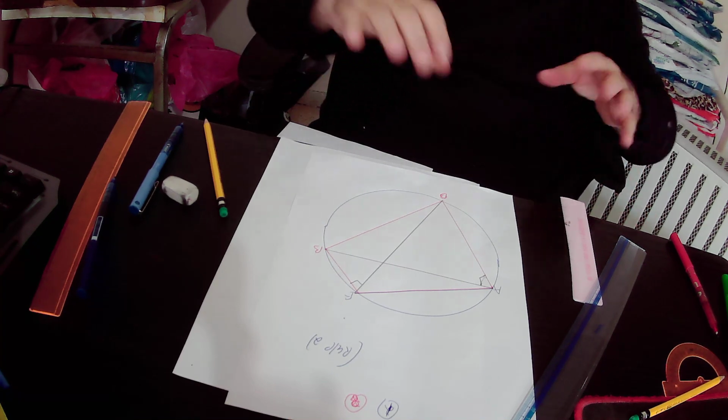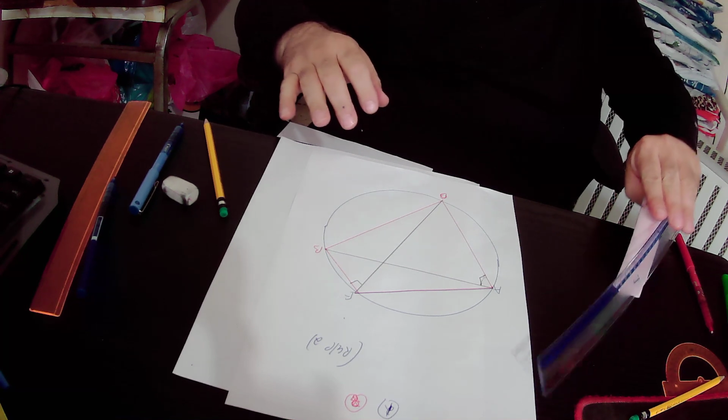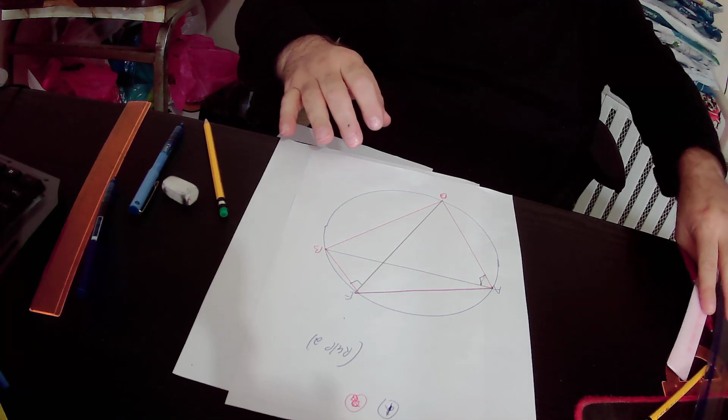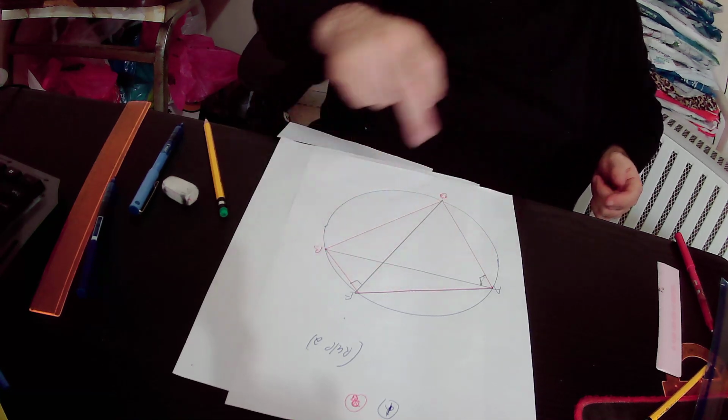So now we will implement rule number 3 in our drawing. We have quadrilateral AEBD that is inscribed by this blue circle.